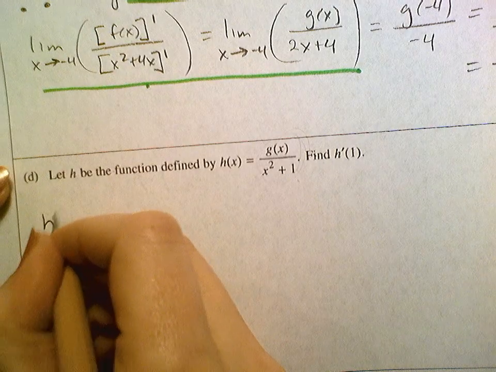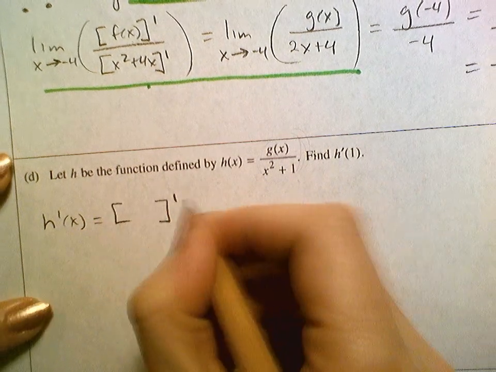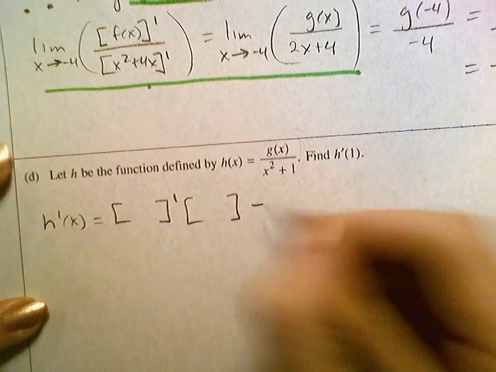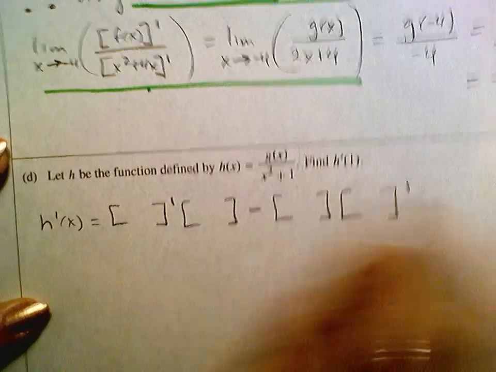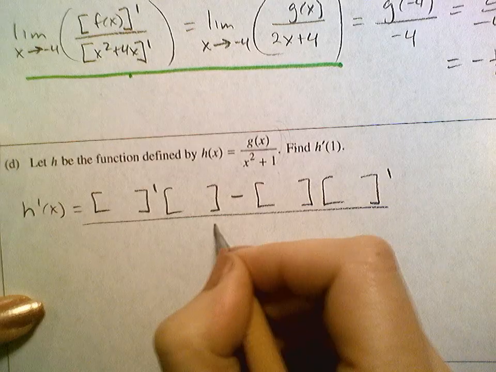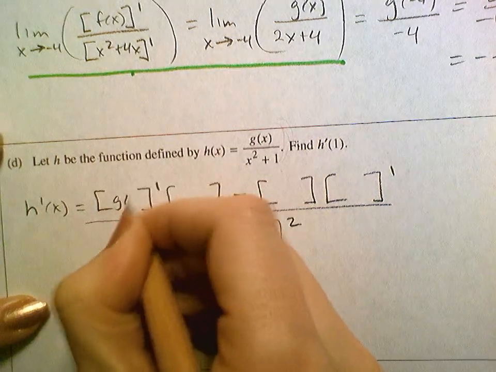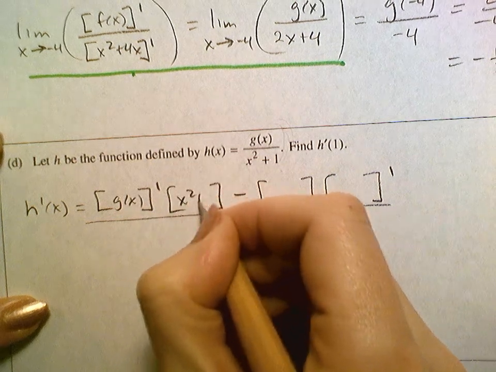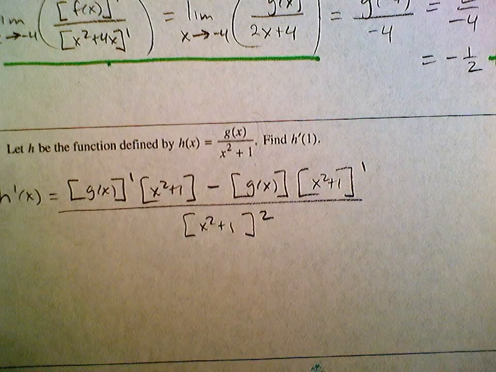So h prime of x equals, I'm setting up the quotient rule, minus, all over, squared. So g of x goes in here, x squared plus 1, x squared plus 1.